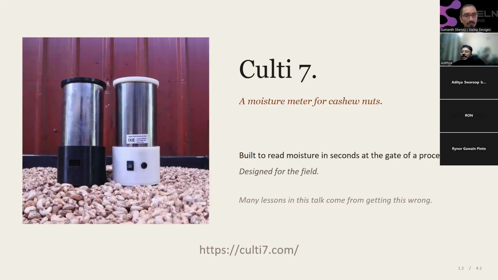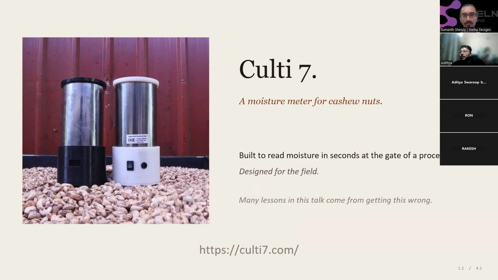And the product that I've designed is called the Culti 7 moisture meter. This is specifically designed for the cashew processing industry. I come from the South Central belt, so we have a lot of processing, and it is one of the things that we have been focusing on trying to solve. This product is completely from an industry requirement.